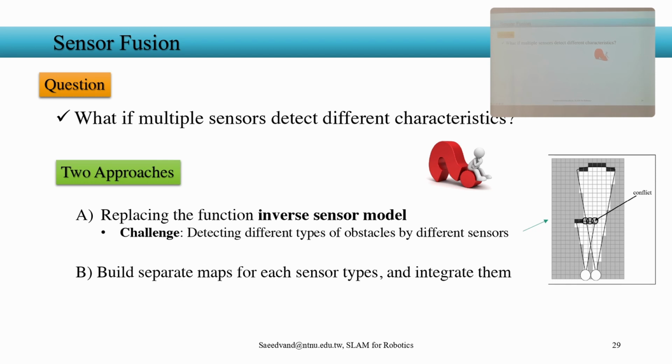So now we have a question. You can think a little bit. What if multiple sensors detect different characteristics? So you have a camera and you have a LiDAR, or an RGBD sensor, or a stereo camera. They are detecting different characteristics of the environment.